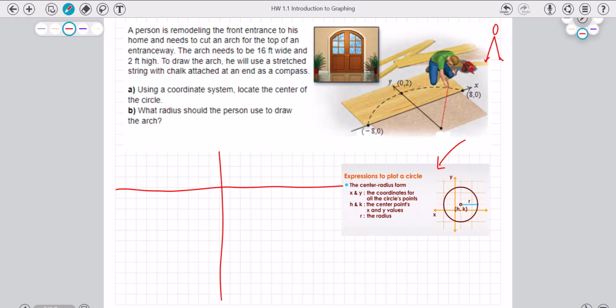And so looking at this, 1, 2, 3, 4, 5, 6, 7, 8, which is that point. 1, 2, 3, 4, 5, 6, 7, -8, which is this point, and then 1, 2, which is this point. So knowing this stuff right here, no matter where you are on this circle, every single radius, this distance should be the same.